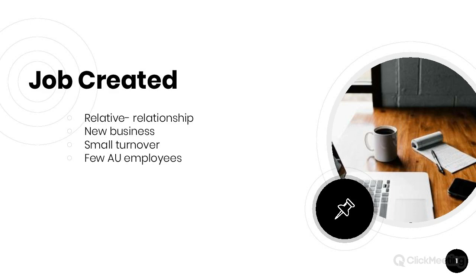Now, when we say job created, the department pays attention to these areas. First, whether the business and the candidate have a relative relationship, which is really easy to determine. For example, they have the same surname as a director, right? Secondly, the business is just newly established.